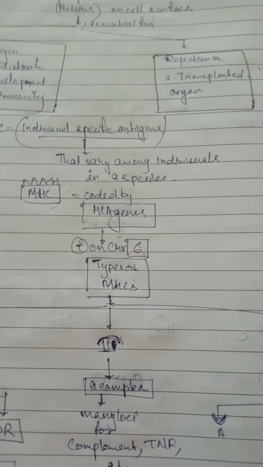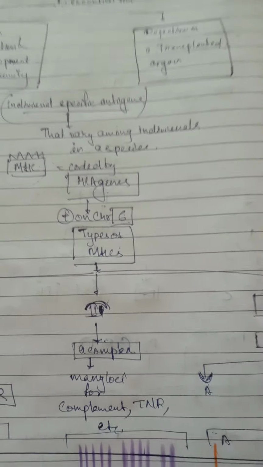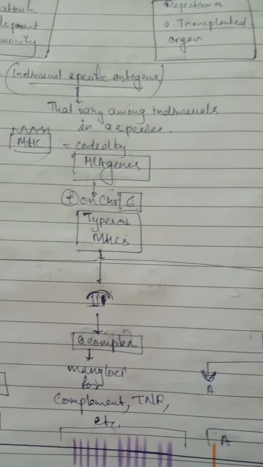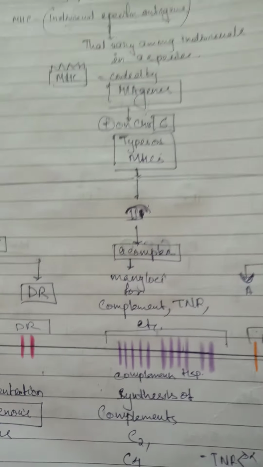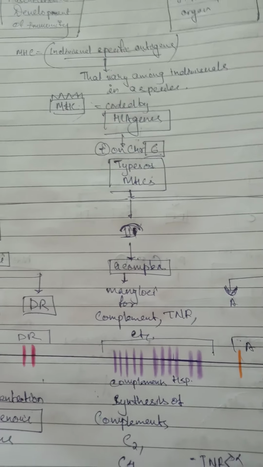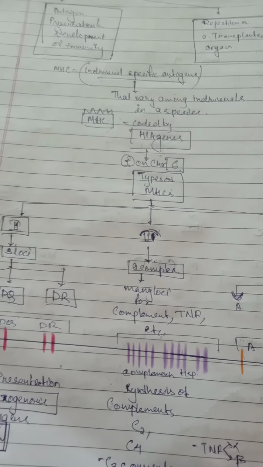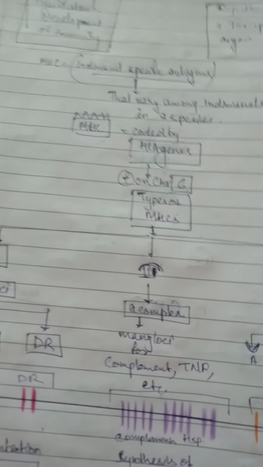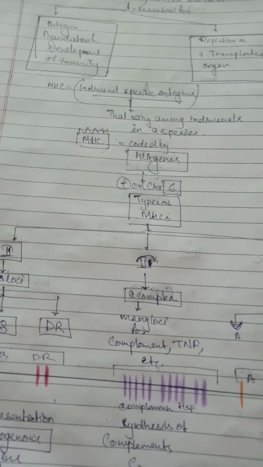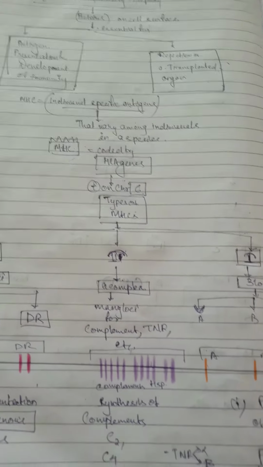Since these are highly vital molecules, we should know how many types exist for MHC molecules and what are their individual functions. Continuing our discussion, MHC molecules are of three types. On chromosome number 6, the HLA gene has 3 loci that code for 3 different types of MHC molecules.